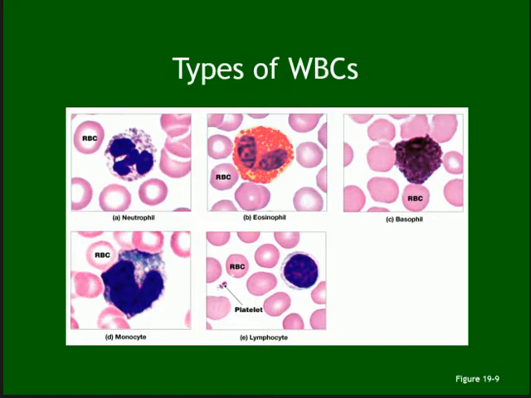Which one is wrong? What's a thrombocyte? Thrombo. It's responsible for clotting, but what do you call the cell? Thrombo means platelets. So if I give you something like that, you should pick which one is not a white blood cell.